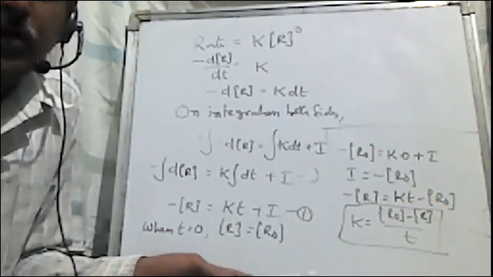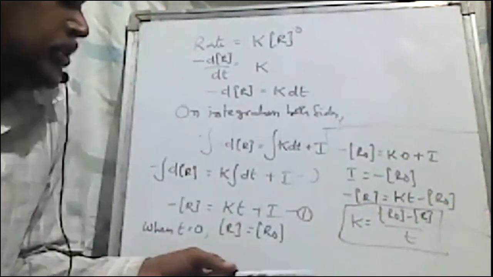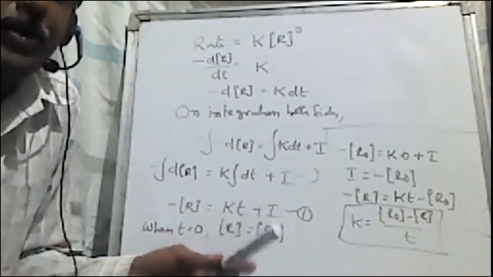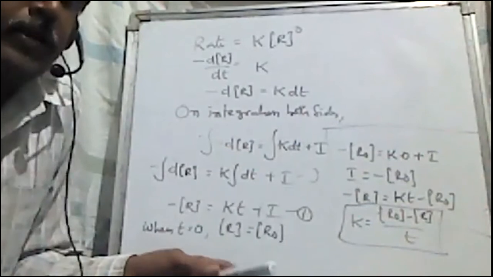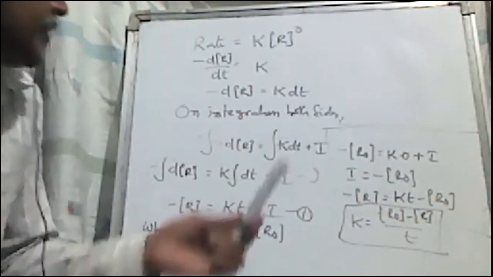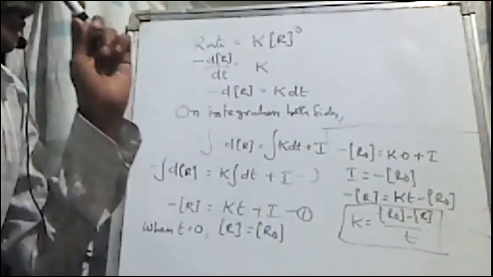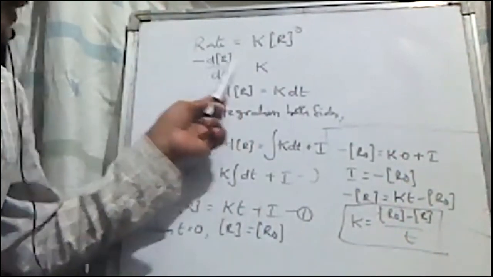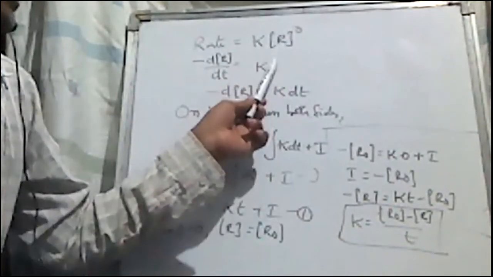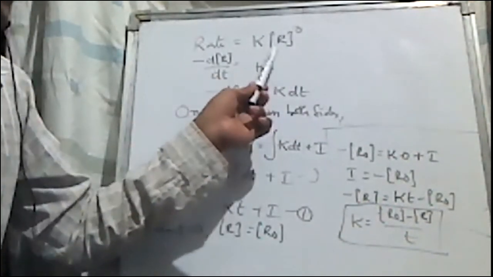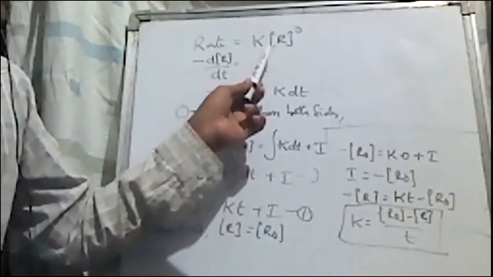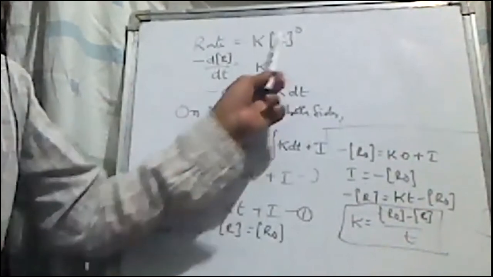We know that zero order reactions are the reactions whose order is zero. For zero order reactions, the rate equation is given by minus dR by dt is equal to k, because here the power of the concentration of reactants is zero, so it becomes 1.